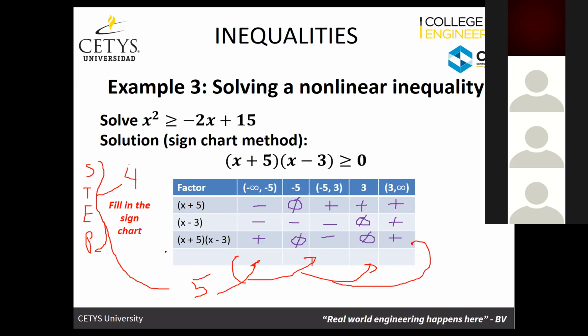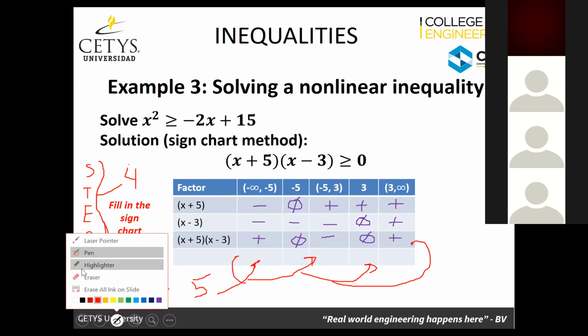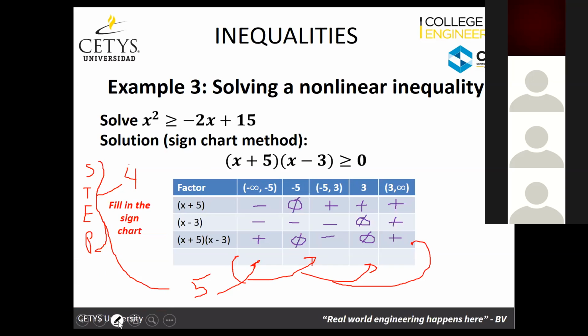Okay, now the last step that we're going to do is the following. Let's look at the expression that we're evaluating. Remember that this expression here, x plus 5 times x minus 3 larger than or equal to 0, is equivalent to the original expression. What does this mean?